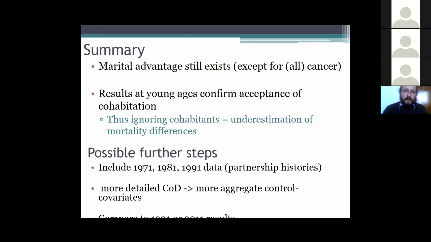Possible further steps, including the ONS, could be to link this with the partnership histories from the previous censuses, to maybe go into more detailed cause of death analysis, but this would mean that we would probably have to more aggregate our control variables.